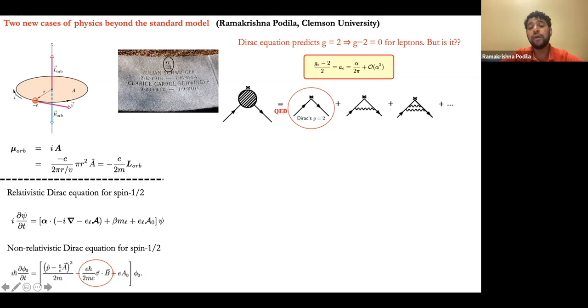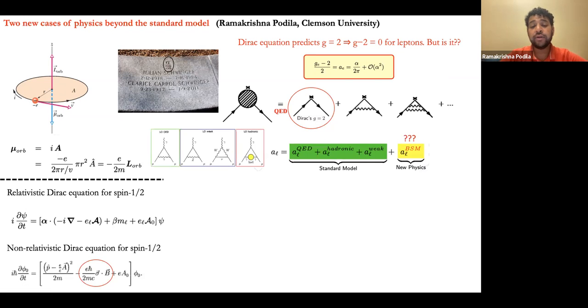But we can look at this anomaly in 3 parts. The first part could be quantum electrodynamics. So you're just thinking about virtual photons. So these strings are just virtual photons. But you could have hadronic or weak, or if there is something beyond this, then you have something BSM, that is, beyond the standard model.